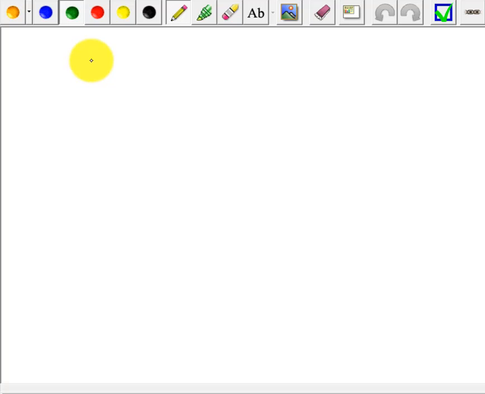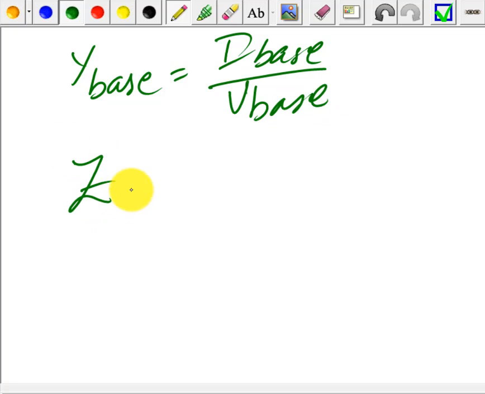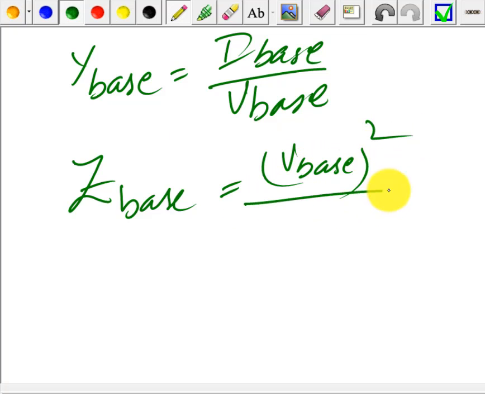Then Y base, the admittance, will obviously be I base over V base, and Z base is equal to V base squared by S base.